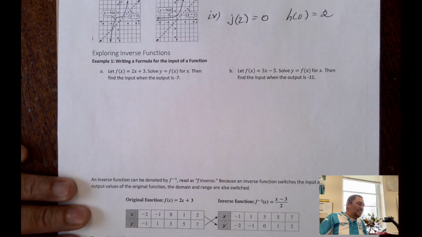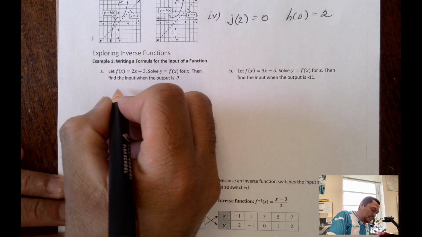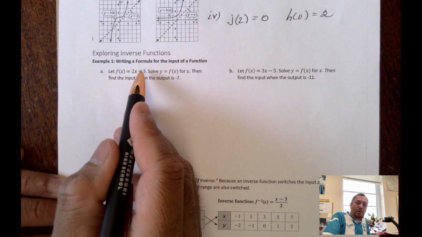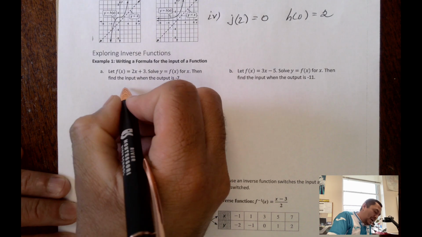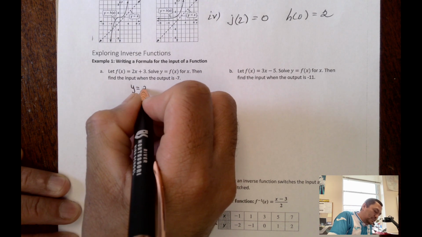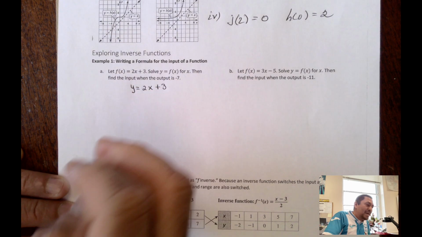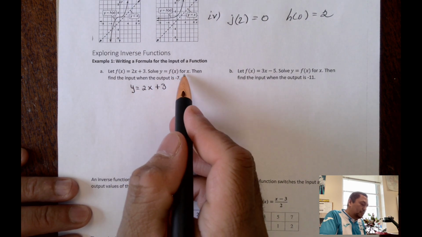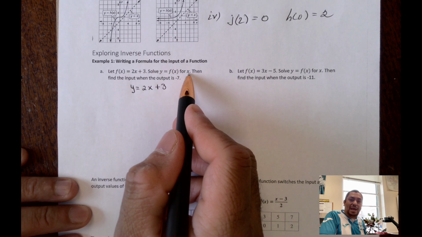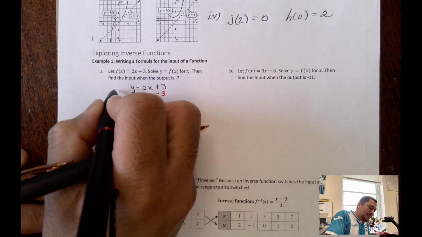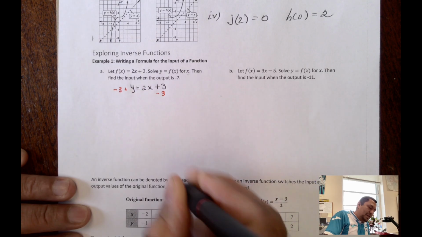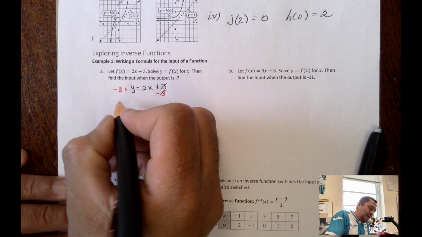So what it means, in this case, I'm going to write the function. I have f(x) equals 2x plus 3. I'm going to make y equal to f(x). So I have y equals 2x plus 3. And now I'm going to solve for x. So I'm going to subtract 3, let's get rid of the 3. Minus 3, so these two go away.